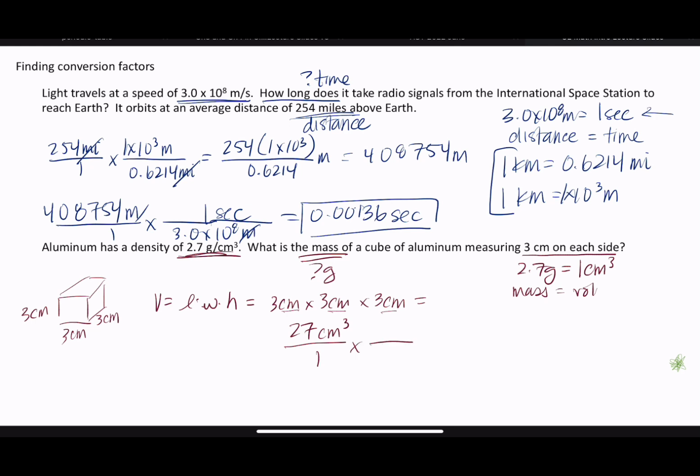Now I can use this relationship: centimeters cubed goes down here, grams goes up here, so the 1 goes down and the 2.7 goes up. Centimeters cubed cancels, and I get 72.9 grams as my final answer.